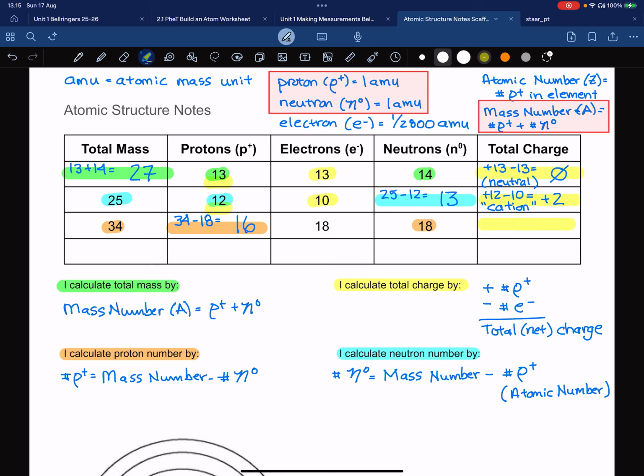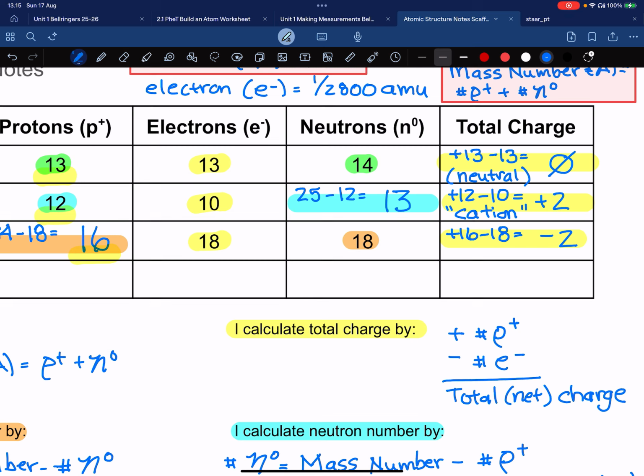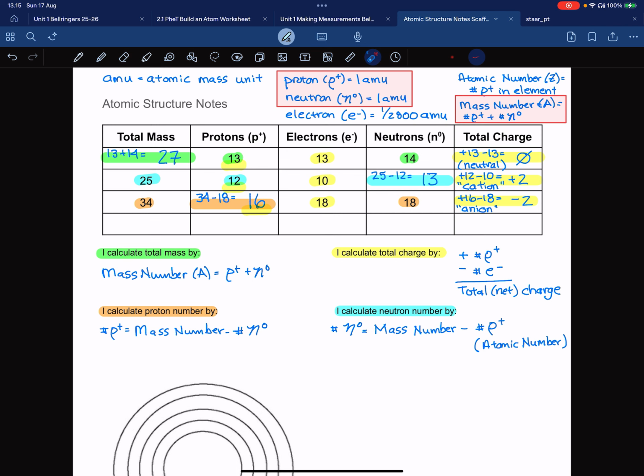I'm going to take my protons and subtract the electrons. So the protons is positive 16, electrons minus 18, that is a negative 2 charge. The name for a negative ion is an anion. An, negative, sounds very close together.